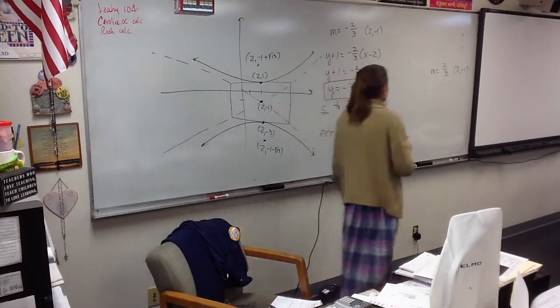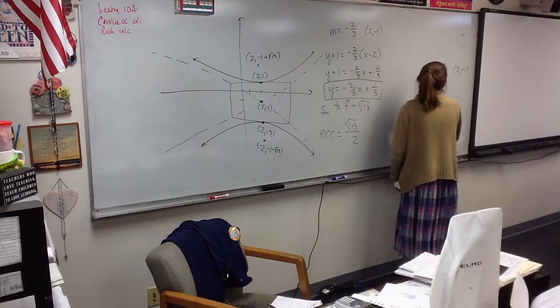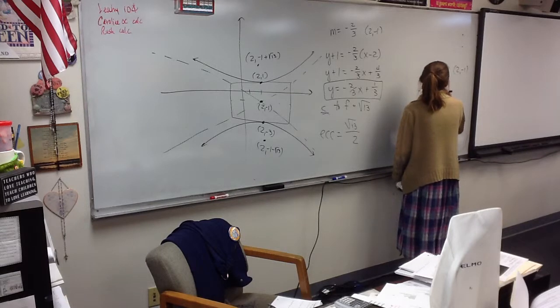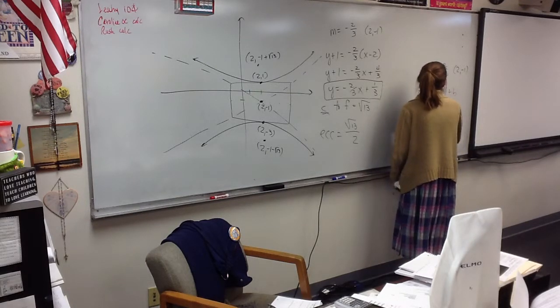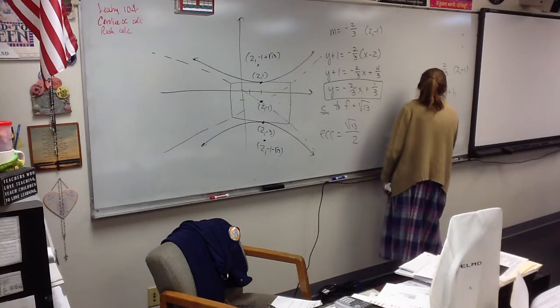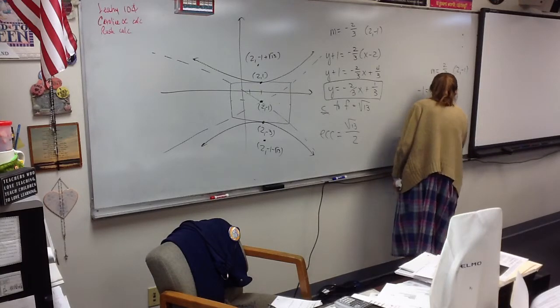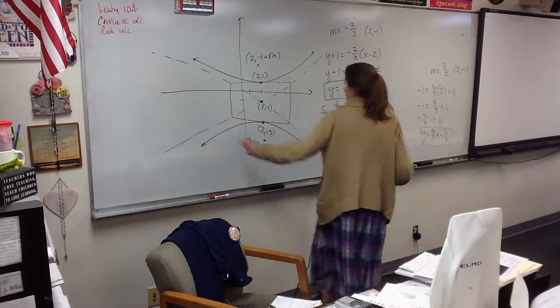If you choose to use slope-intercept form, y equals mx plus b, you'll get the other asymptote, which is y equals 2/3 x minus 7/3. That's this one.